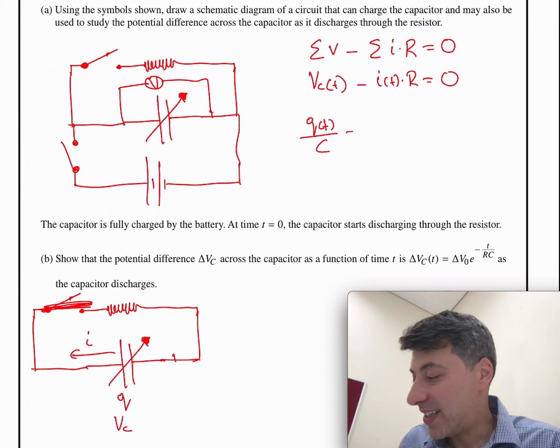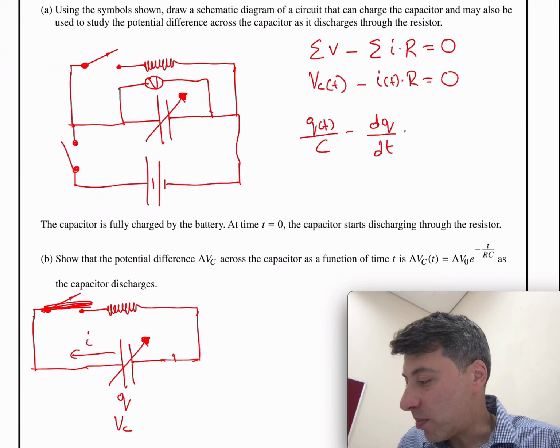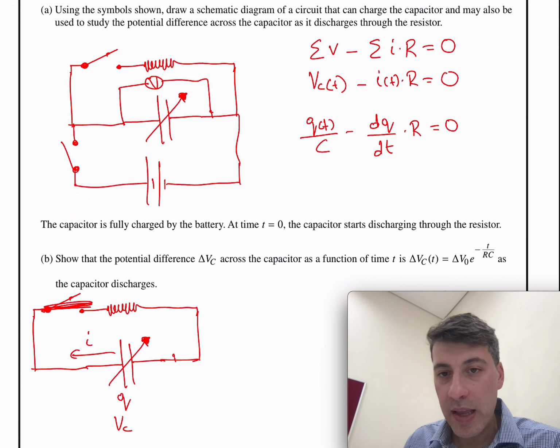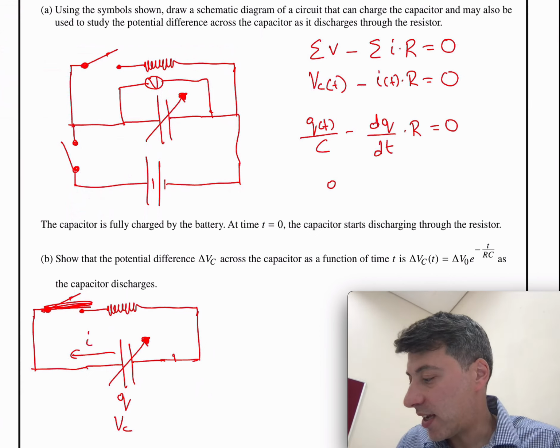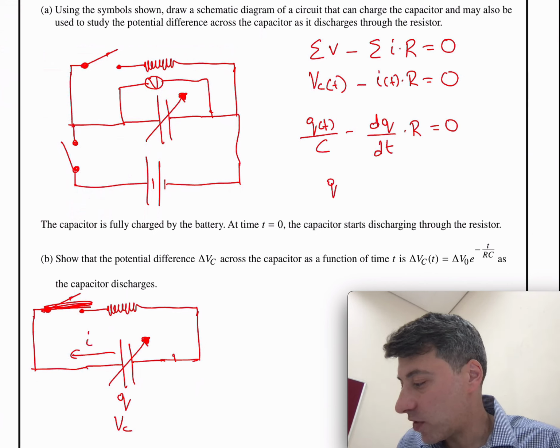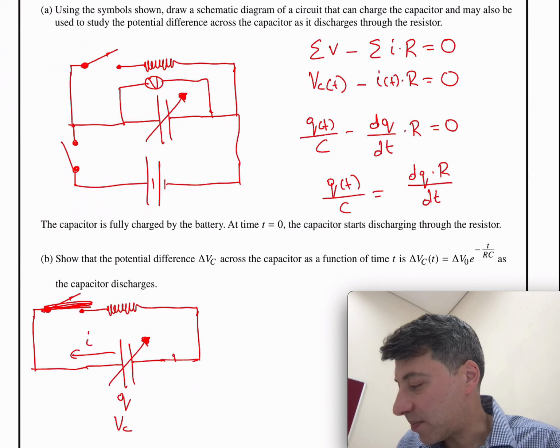Its definition is dQ over dt multiplied by R is equal to 0, and from this we get that the charge as a function of time divided by C is equal to dQ times R over dt.